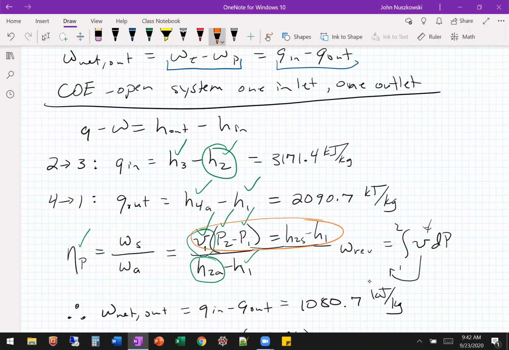But finding H2S in the tables directly is very tough because, again, there are no compressed liquid tables at those low pressures, so it becomes challenging to get these changes.